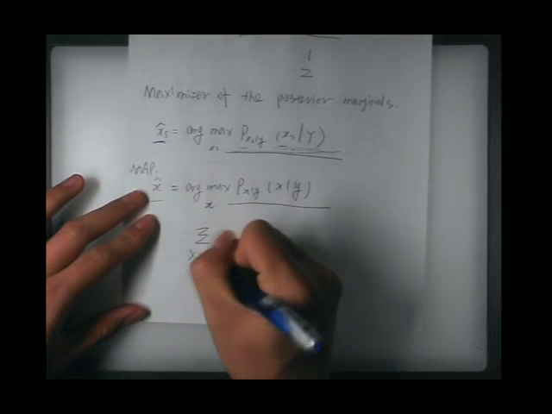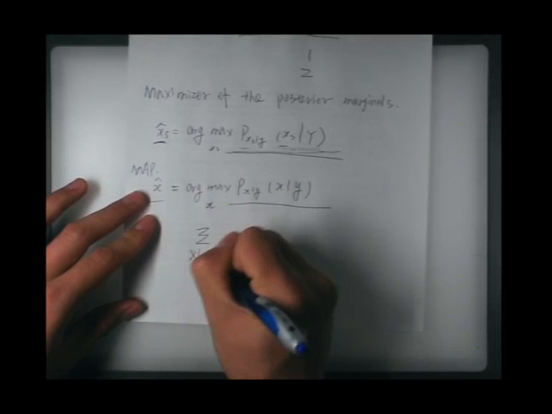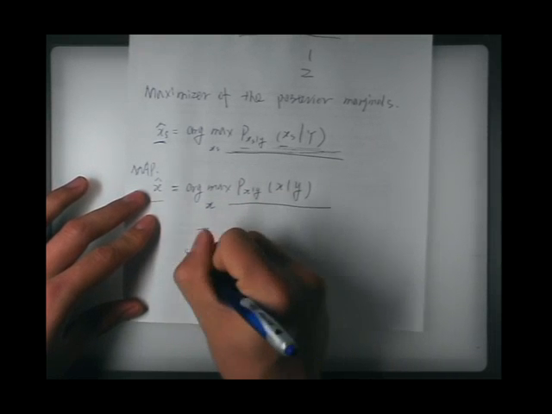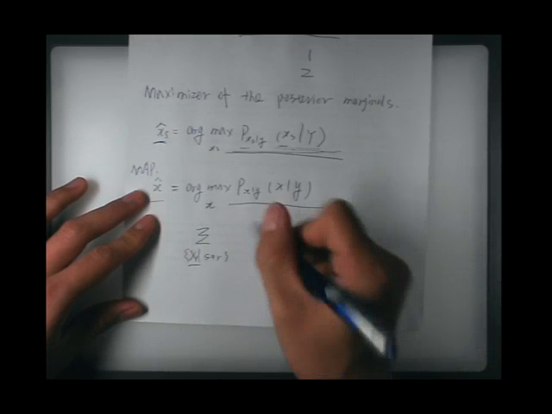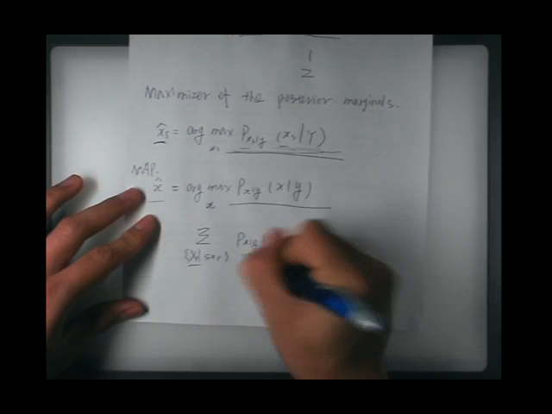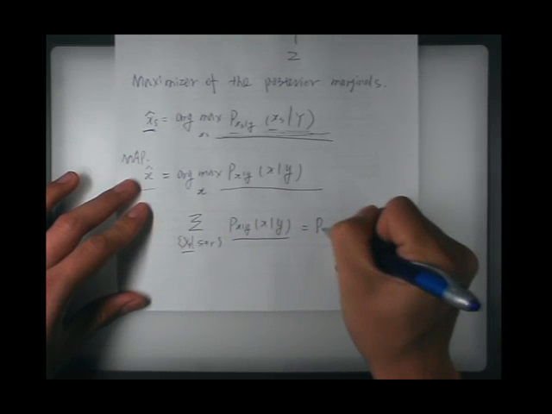Summation over any x which does not equal xs to obtain this marginal distribution.